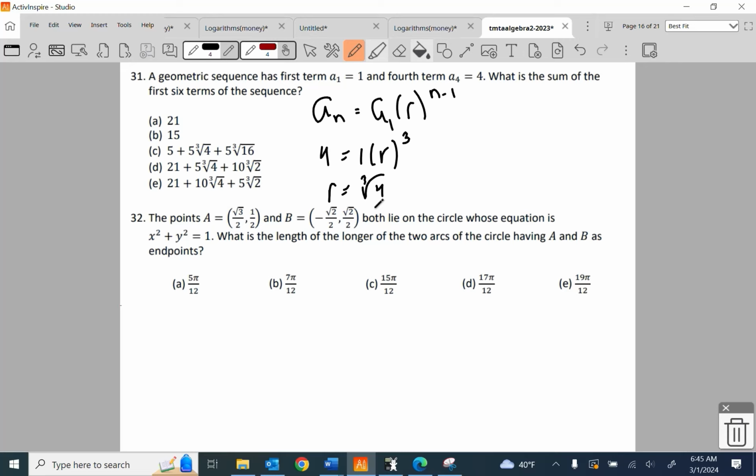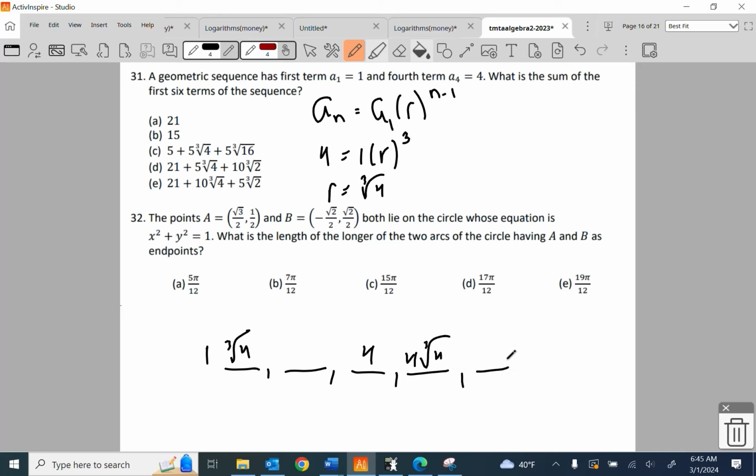All right. Now, the easiest way to do this is probably just to write it out. 1 times the cube root of 4 is going to be the cube root of 4. The second term isn't given, and the fourth term is 4. The fifth term is going to be 4 cube roots of 4.